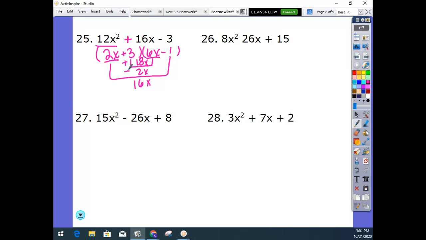Remember, if you use your signs here, this one just moves up top and this one goes up over here. This time we're adding, so they both need to be negative to get negative 26.